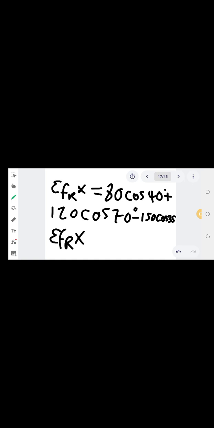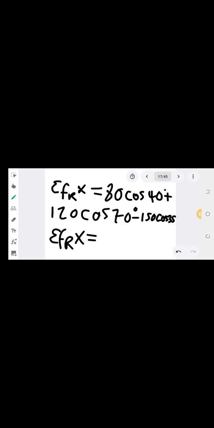So it's a matter of using the calculator now. So we have 40 plus 120 plus 70 minus 150 equals 35.